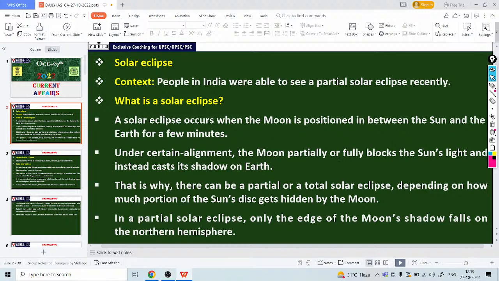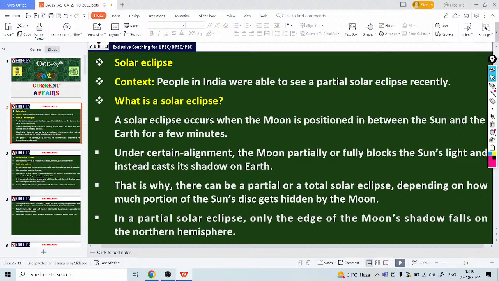People in India were able to see a partial solar eclipse recently, and this is a geographical phenomenon. Okay, the movement of these planets and satellites in our solar system resulted in the solar eclipse.